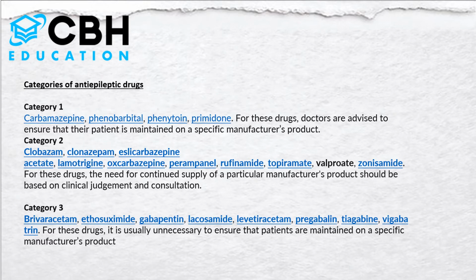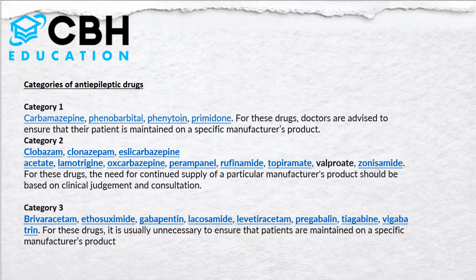Okay, so you've got your different categories of epileptic medication. To set the scene, phenytoin is in category 1, carbamazepine is in category 1, phenobarbital and primidone. When a patient is started on this for epilepsy, it's really important that they are on the manufacturer's brand or a specific product.